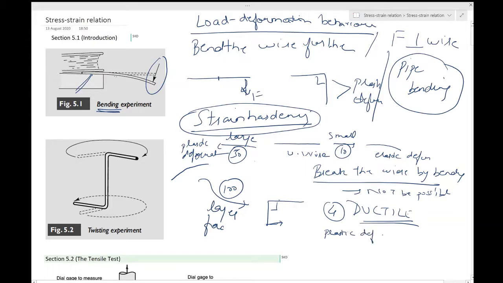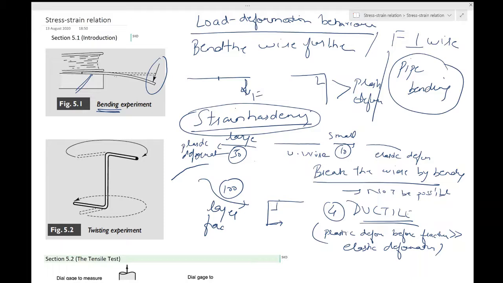You have seen an example of it by the experiment which you should be doing. So it will deform a lot plastically before it actually fractures. So that's a long way to actually fracture it like that. And this is a ductile material.